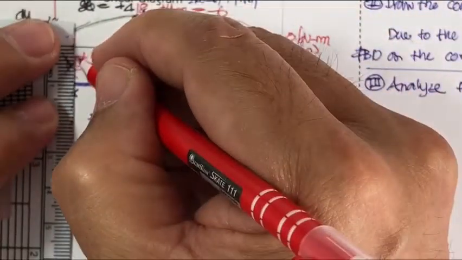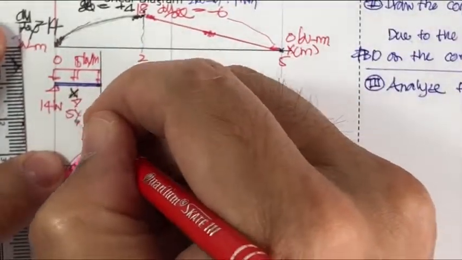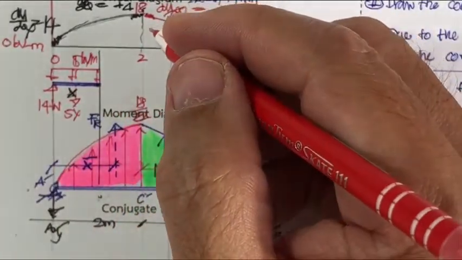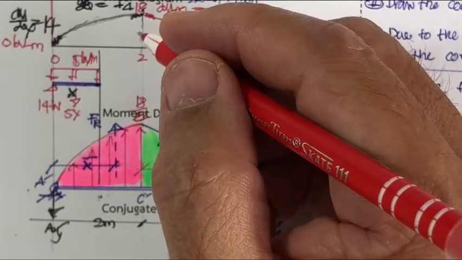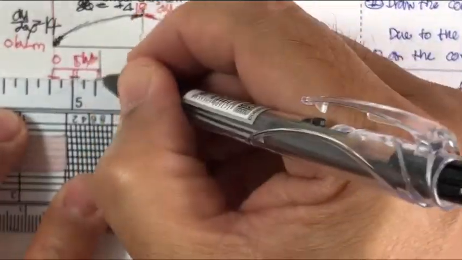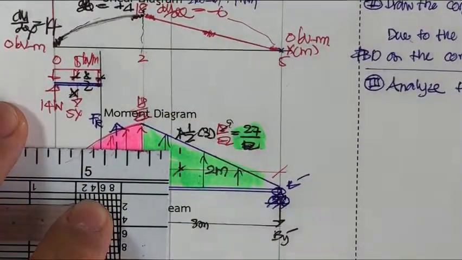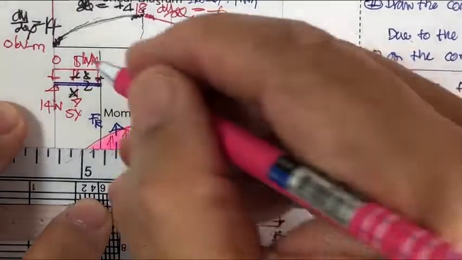This is going to provide you with the resultant of 5x, and then you may have the length here of x divided by 2.